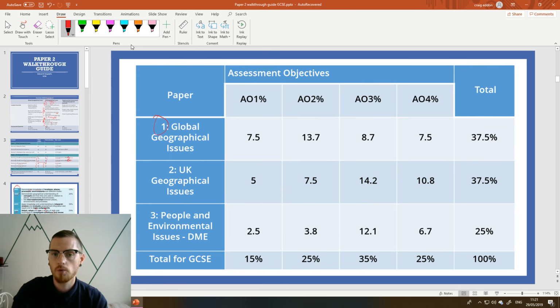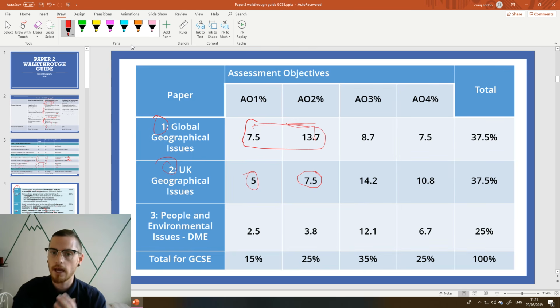Paper 1 was largely based more on AO1 and AO2, okay? Yes, I know what I've said there, there's a bit more here, but what I'm trying to say is in comparison to paper 2. Paper 2, AO1 is worth a lot less. AO2 is worth much less than paper 1.